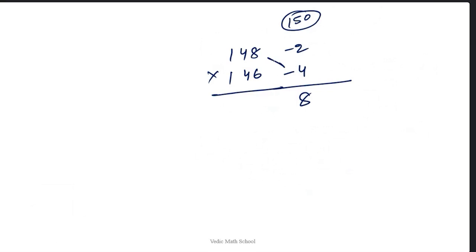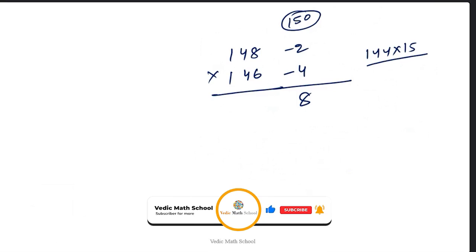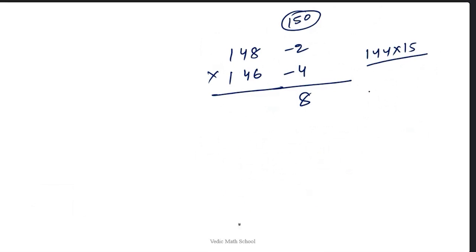But what is the multiplying factor here? 144 into 15. Do it. 144 into 15 is 2160. Just do it, I'm going to do it very easily. Just look at this.